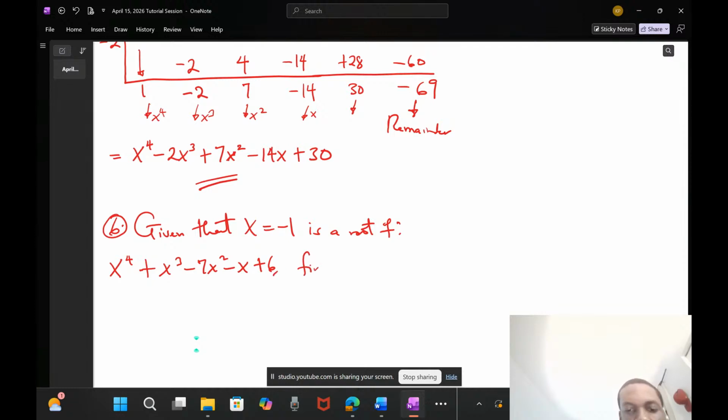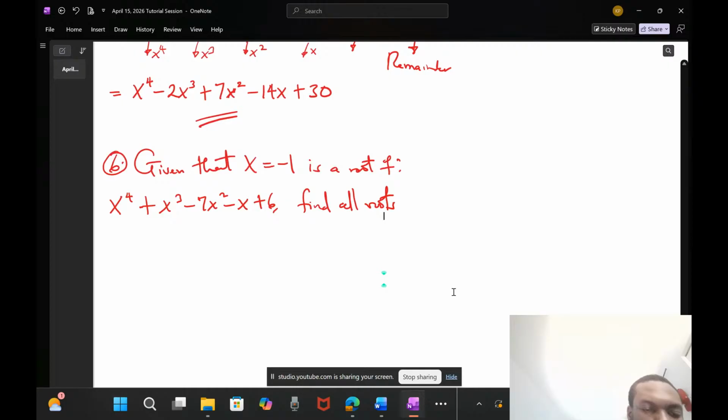It says find all roots. So we're given that x equals minus 1 is a root. So now we can use synthetic division in this case. So we use synthetic division. Let's draw the table out like this.